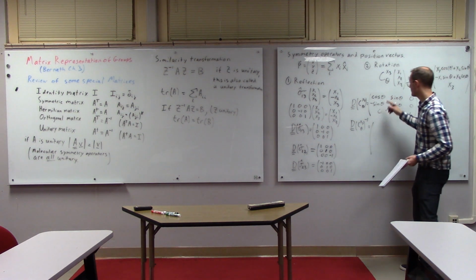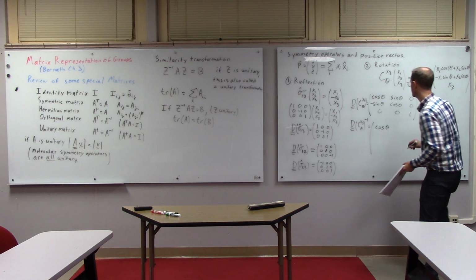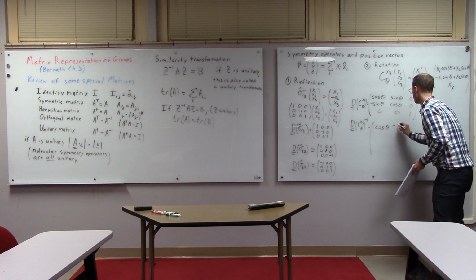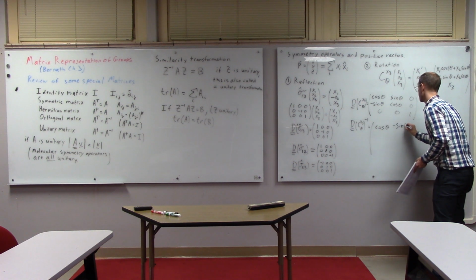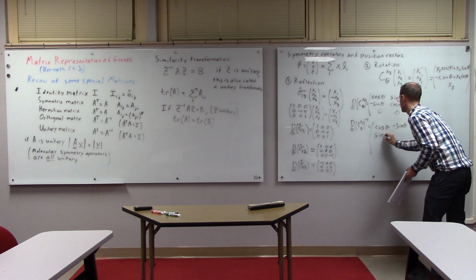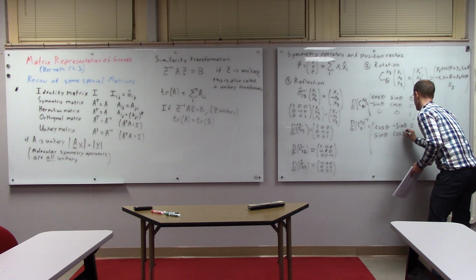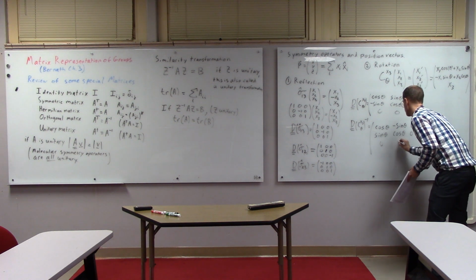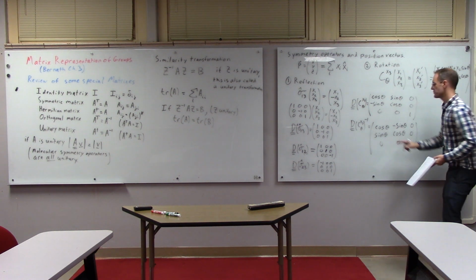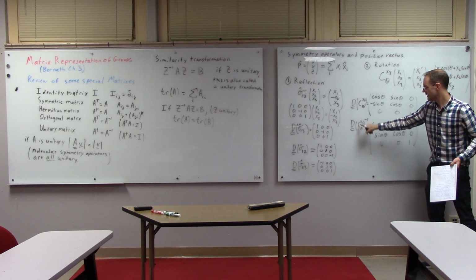And cosine of minus theta is equal to cosine of theta, because cosine is an even function. Sine of minus theta equals minus sine of theta, because sine is an odd function. And so you're going to get this matrix here. This would be the matrix representation of C theta x3 inverse.